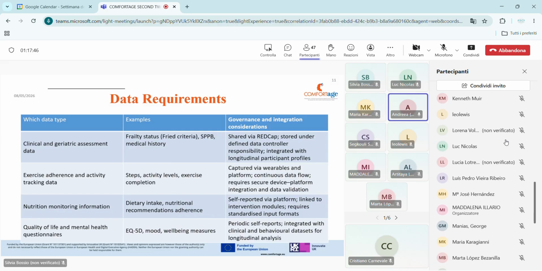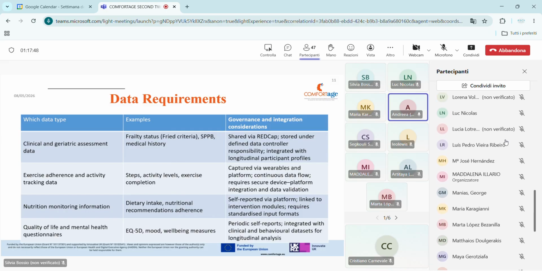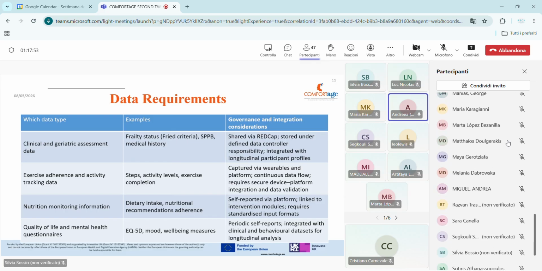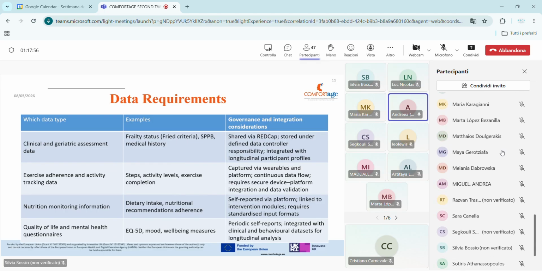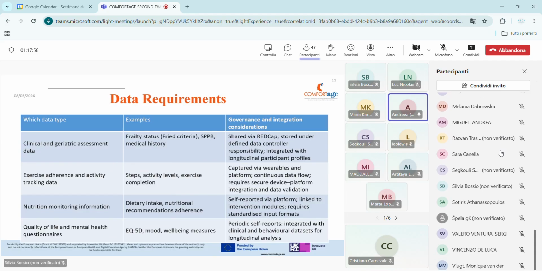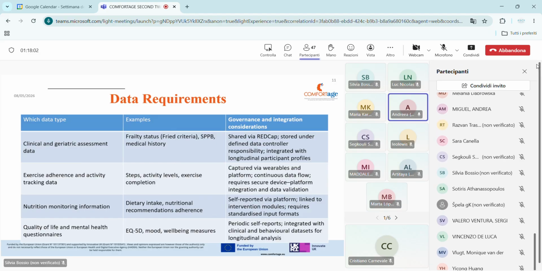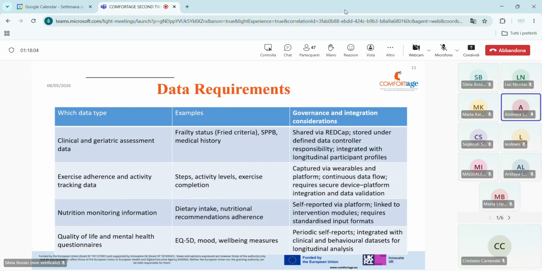COMFORTage brings together four streams of data, specifically our pilot, clinical and geriatric assessment, and the data that we collect at the 3 time points will be stored via REDCap. We then have continuous activity and exercise data, which is captured via wearables in the participants' homes. We also have self-reported nutritional information and periodic quality of life measures.